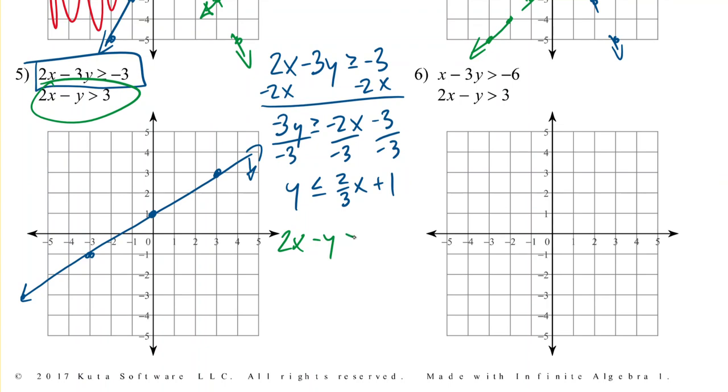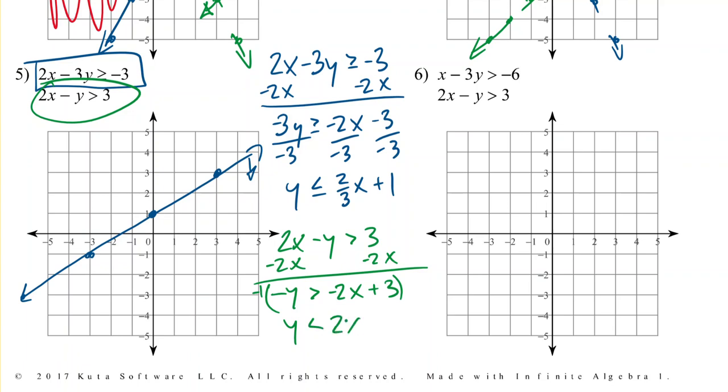2x minus y is greater than 3. Subtract 2x. -y is greater than -2x plus 3. Multiply this whole thing by -1. So y, change our inequality around. Y is less than 2x minus 3. Y-intercept is -3.